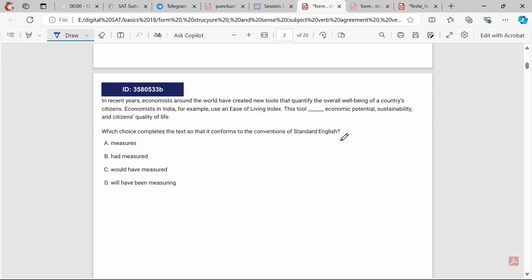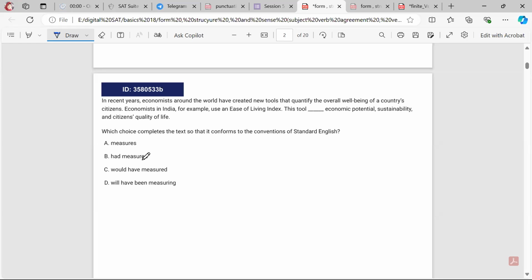Now, we have here measures, had measured, would have measured, will have been measuring. So they are all finite verbs. Why, teacher? Because each one makes a main verb. I don't find the infinitives, I don't find the gerunds, I don't find participles. So they are finite verbs in different tenses. So it's a verb tense question.